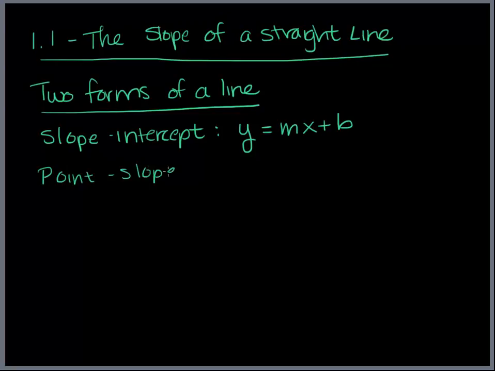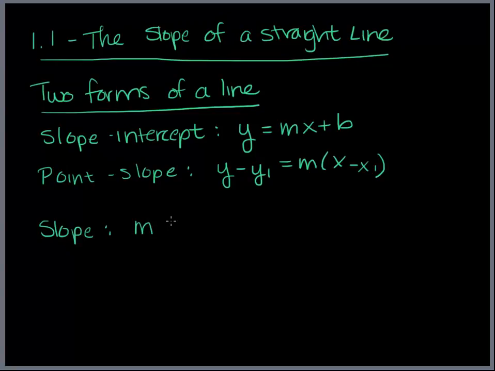So I'm going to do two examples for you using these two forms for a line. Now remember on these, whoops, that should be a minus. Let's redo that really quick. x minus x1. Okay, so I'm going to look at slope-intercept and point slope form, and remember what your m always stands for in each of these forms.